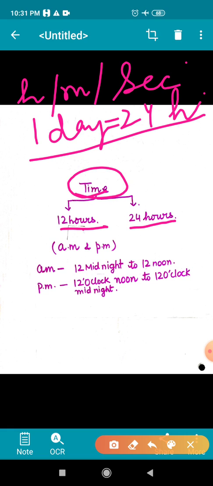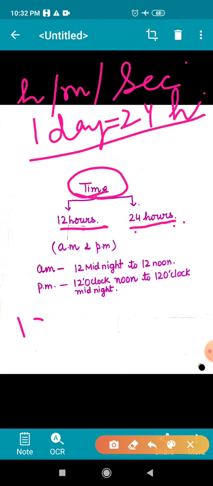Children, 12 hours clock we use in our daily life, and 24 hours clock is used by railway or airlines, right? Children, we represent time in AM or PM in 12 hours clock.